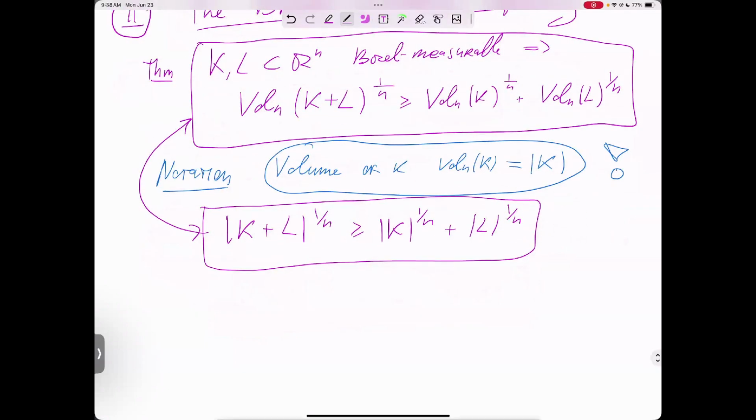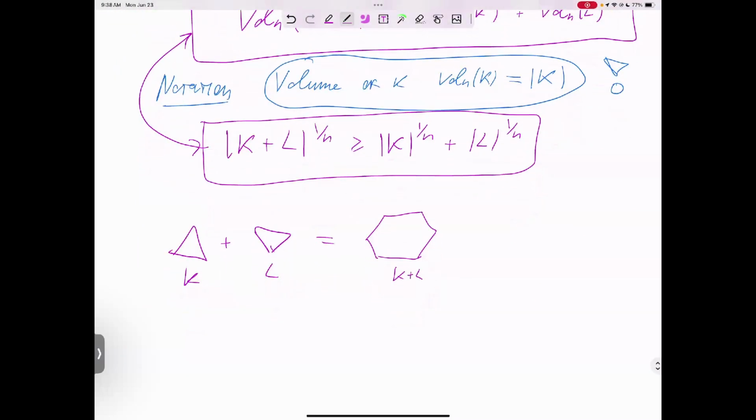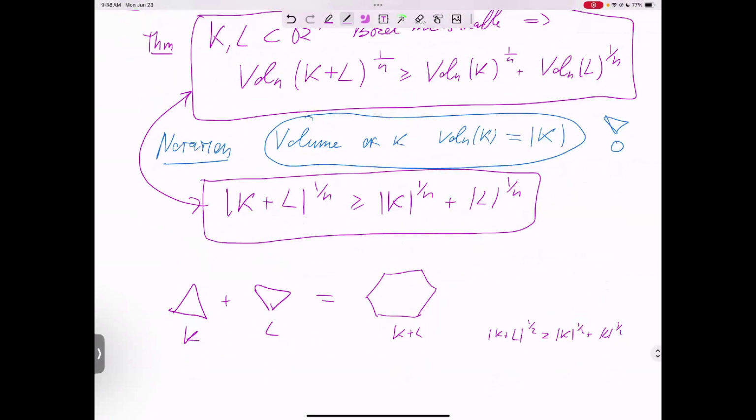So in other words, if we go back to our, for example, triangles, if this is my K and this is my L, we agreed that we get a hexagon as their sum, and the volume of this hexagon raised to the power 1/2, because I'm drawing here on the plane, is bigger than the volume of K to the power 1/2 plus the volume of L to the power 1/2. Actually, the volume is the same.